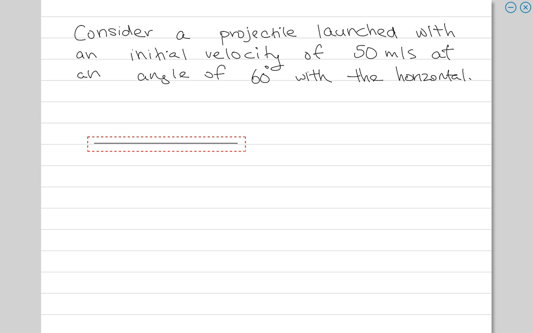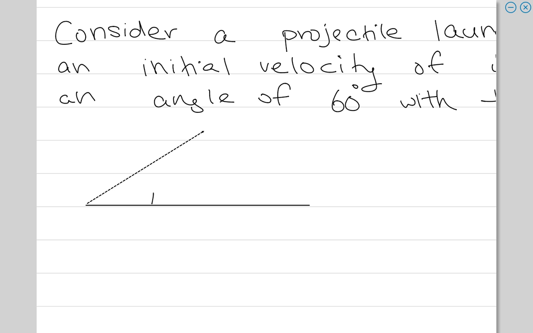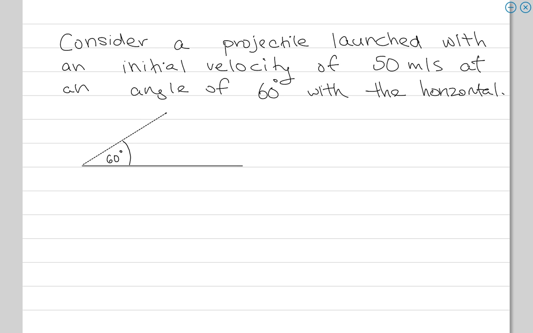Make your nice notes. Doesn't have to be perfect. So there is a vector made with the horizontal at 60 degrees roughly, and the vector has a value of 50 meters per second.